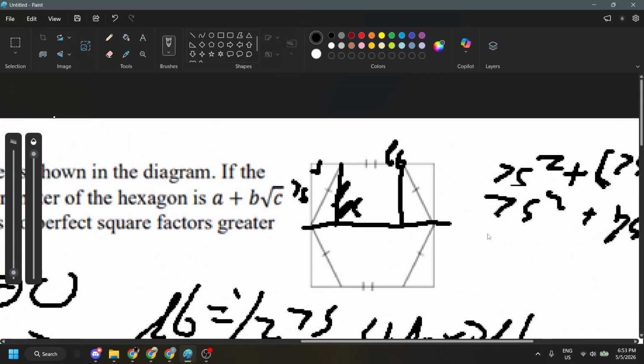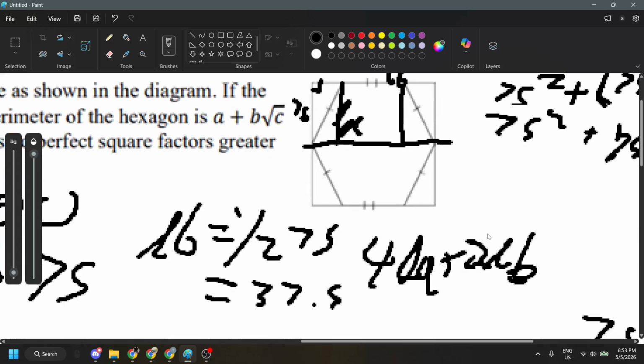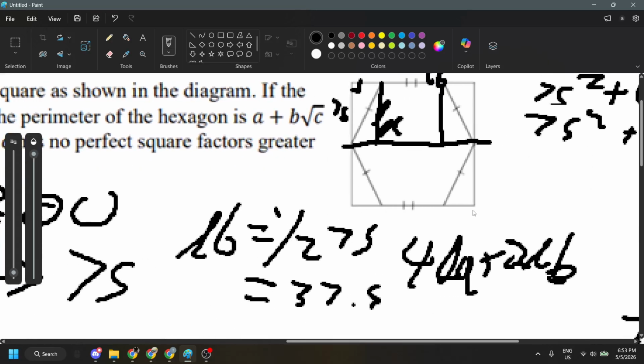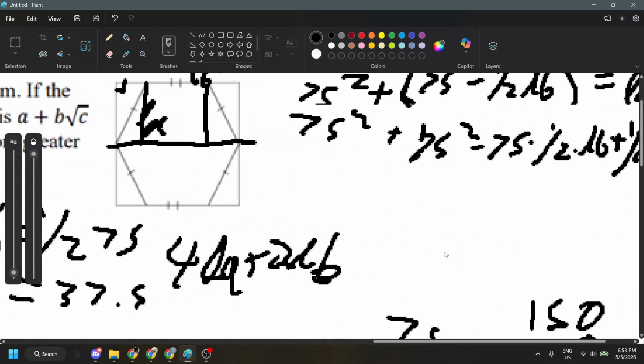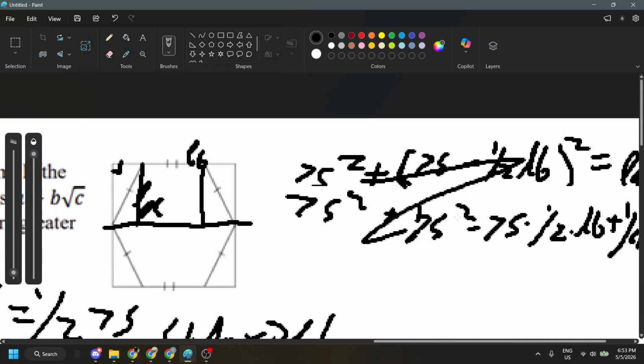I don't know where I got that is 75. I messed up. Yeah, I think this entire thing is messed up.